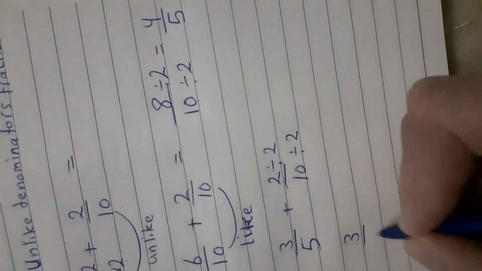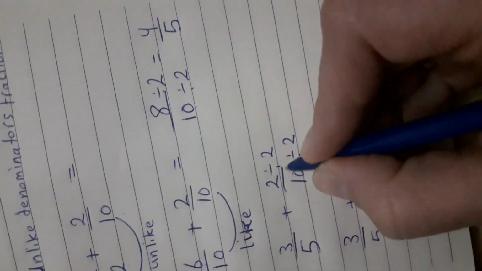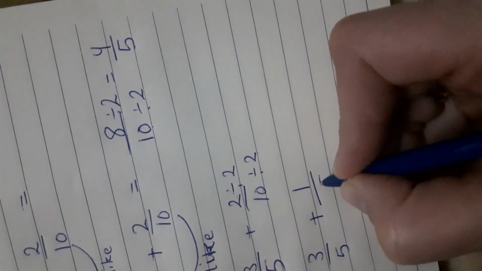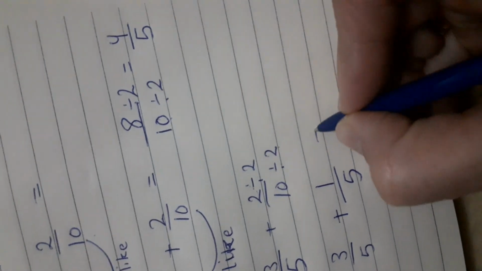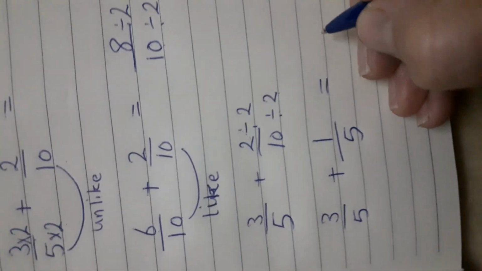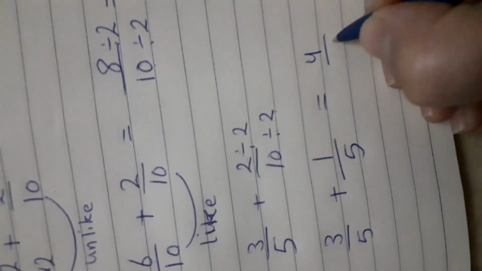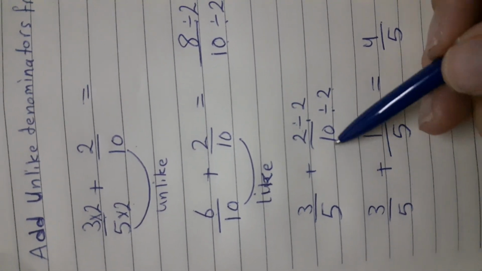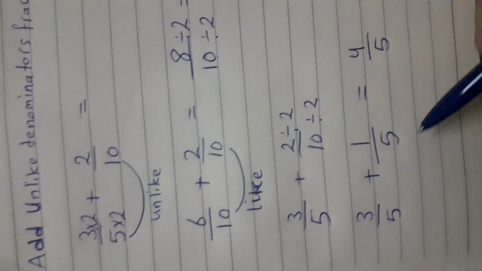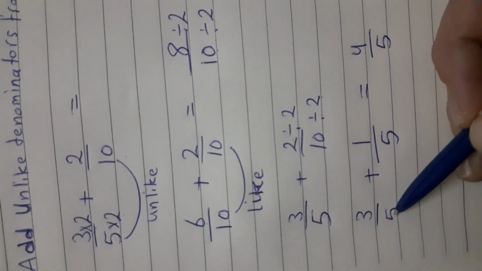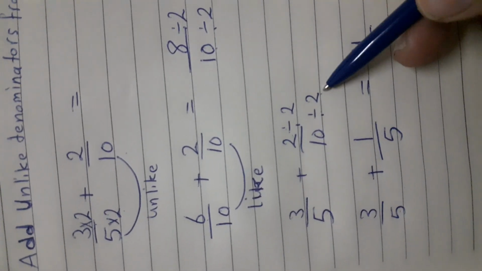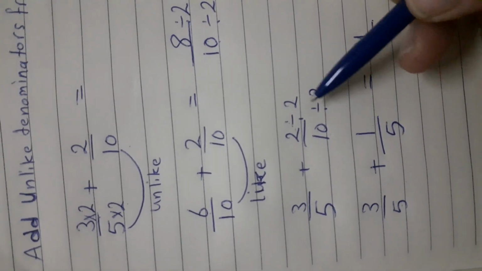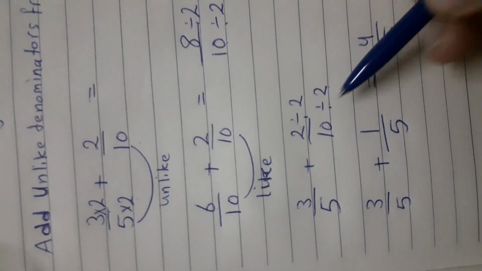It becomes 3/5 plus 2 divided by 2 is 1, and 10 divided by 2 is 5. And the answer simply will be 4/5. Notice that these two fractions became like denominators after dividing 2/10 by 2 on both numerator and denominator.